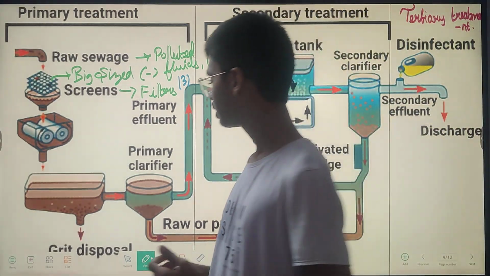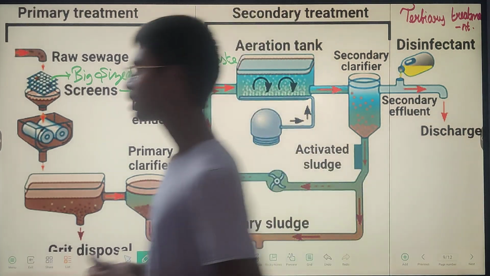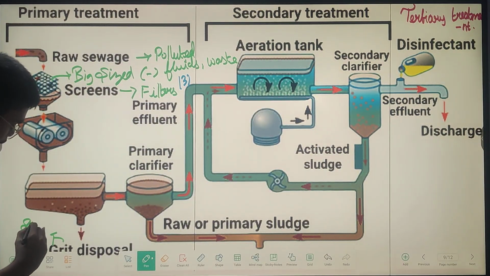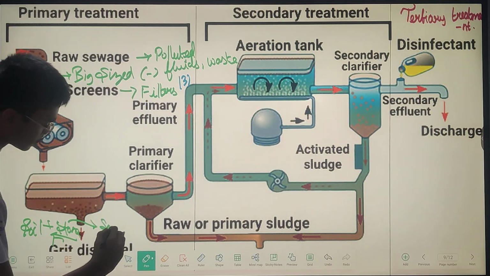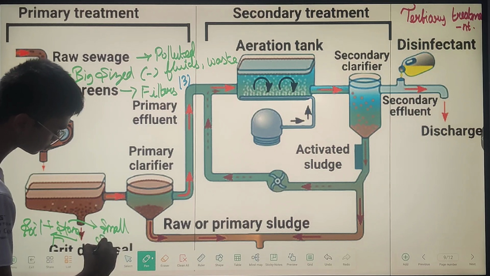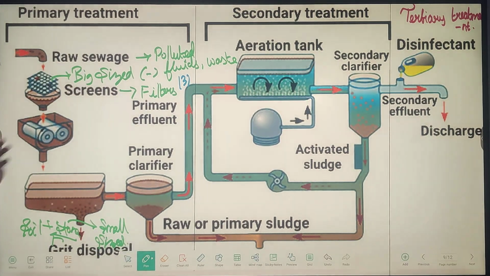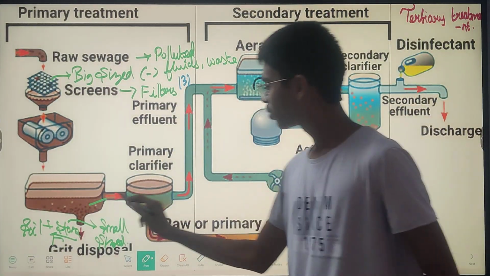Here you can see there is a grit disposal. Grit is none other than soil plus stone. Stone will be generally small in size.